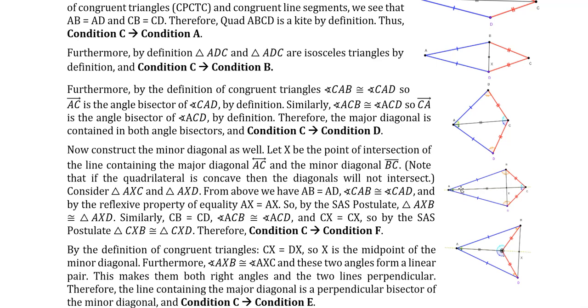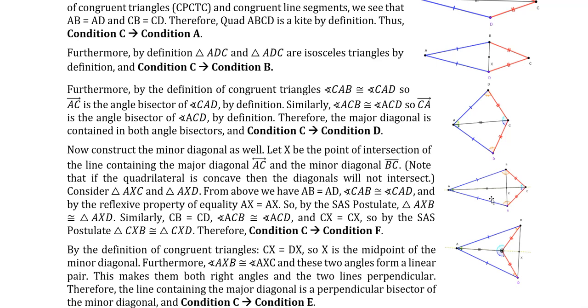So that's enough for side angle side. The side angle side postulate tells us that this triangle is congruent to that one. And we get this exact same argument on the other side. It doesn't matter if we're looking at the big triangle here versus the big triangle here, or these two little right triangles here. Now we haven't proved they're right triangles yet, so let's do that.